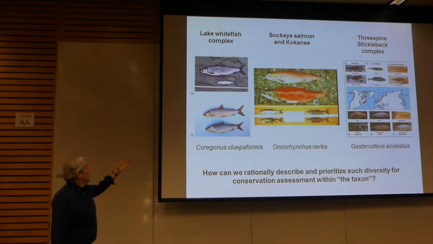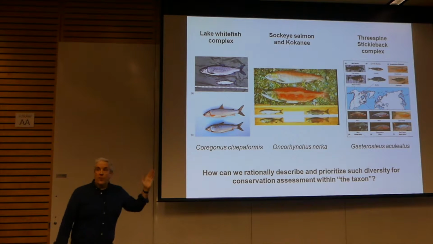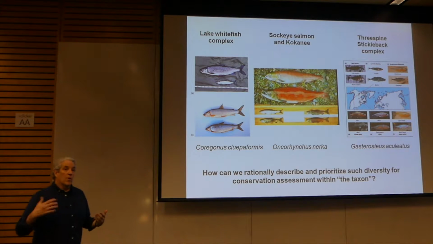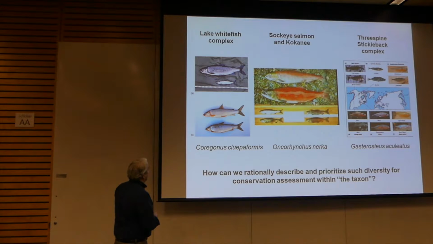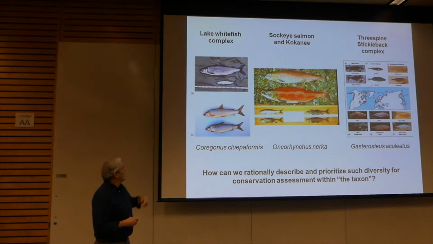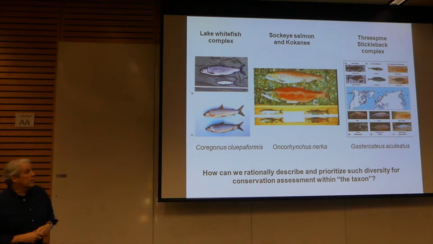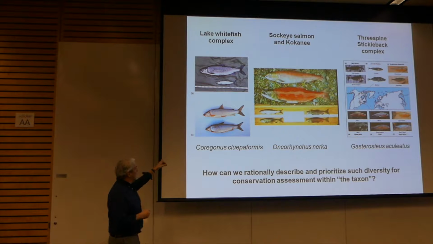On the far left are the lake whitefish species complex, Coregonus clupeaformis. The top are the well-known dwarf and normal types, which typically occur more in eastern Canada, throughout Quebec, but also in adjacent places in Maine, some in New Hampshire. And the bottom is the so-called humpback and normal whitefish that occurs in the Yukon River Basin. This is one of a couple of lakes in the Yukon River Basin.